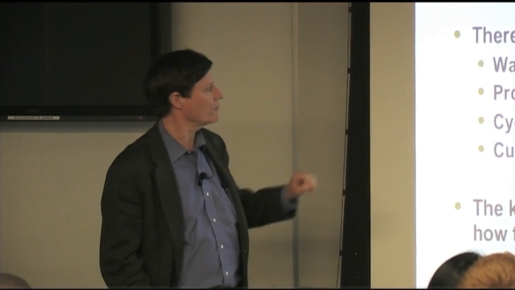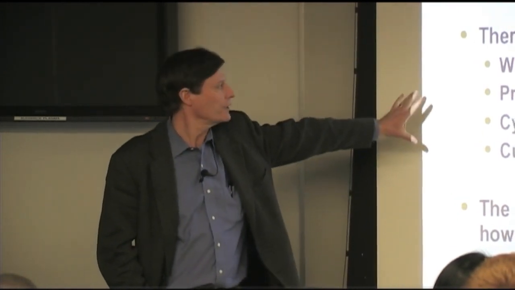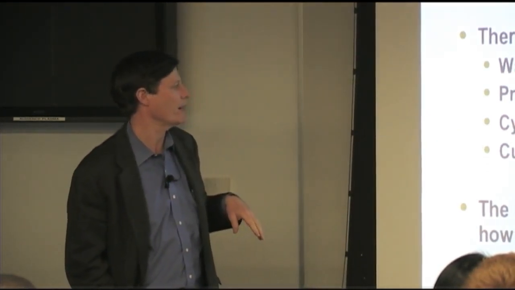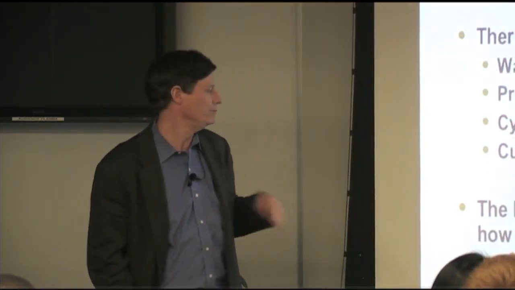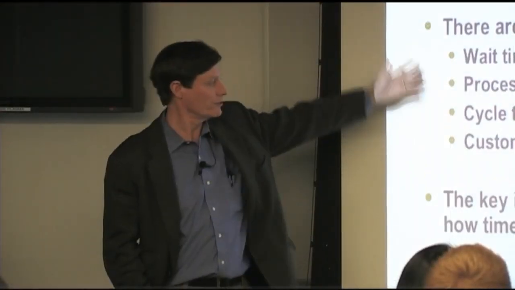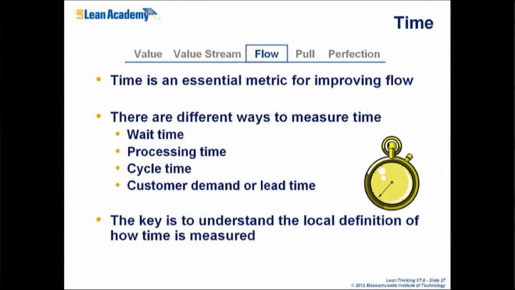Time is an obvious thing, but when you start thinking about measuring and defining it, it does get a little bit complicated. You have to think about it carefully. And the key is really to understand the definition of how the time is measured. One of the problems here is that the terminology is not standardized.